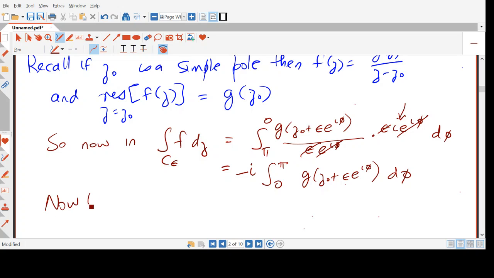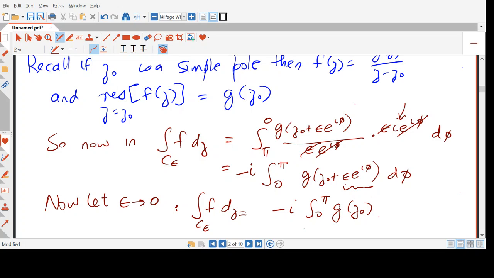Now let epsilon go towards 0, make the radius very small. Then the integral of f dz along c epsilon will work out to minus i, integral naught to pi, g of z naught. So this part here is now 0, epsilon is 0, d phi.